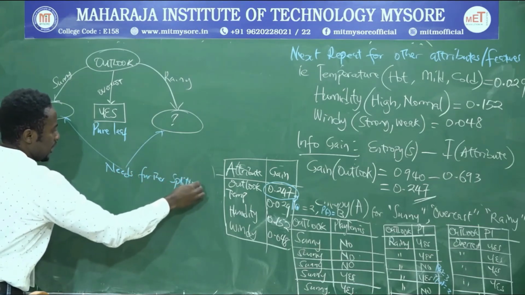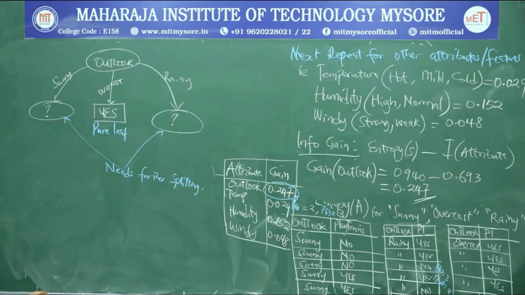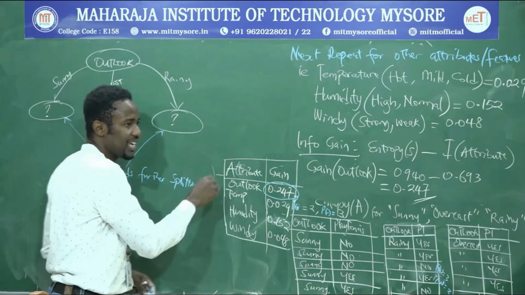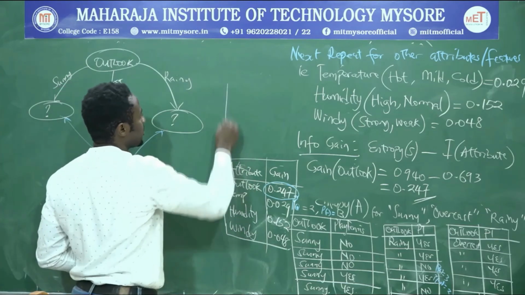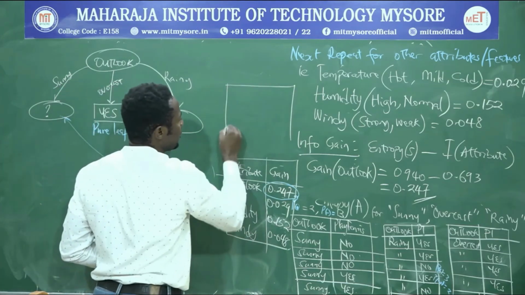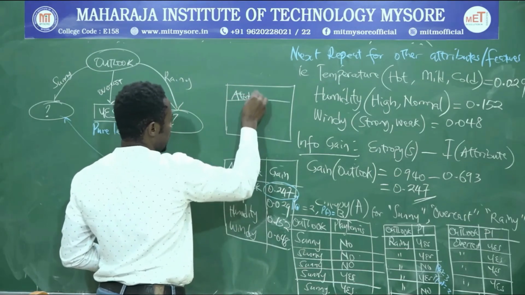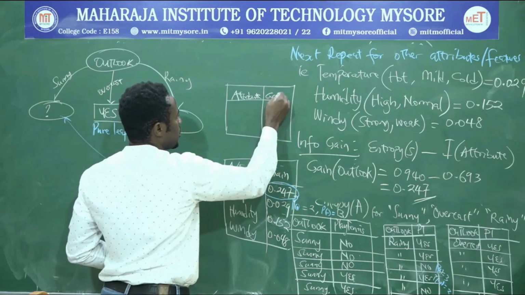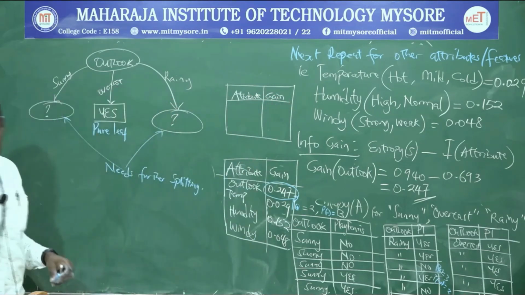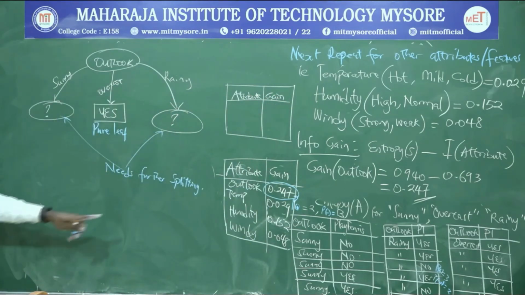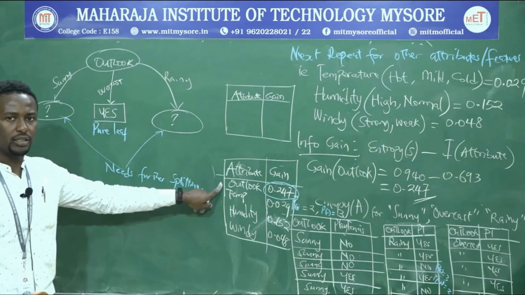Now, what we do is, again we repeat the process. So the next table will look like this, attributes and gain value. I'm just giving the value so that we finish the tree. So what are the attributes now? Don't tell me Outlook. Outlook is out only, right?